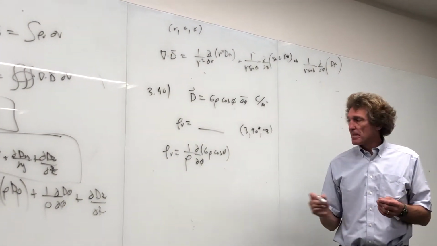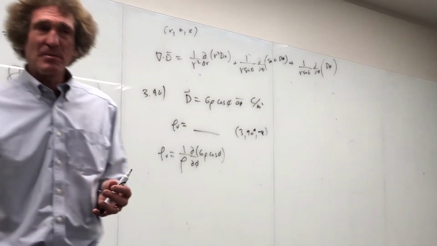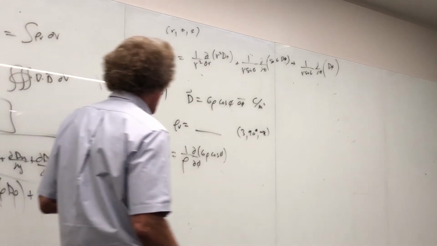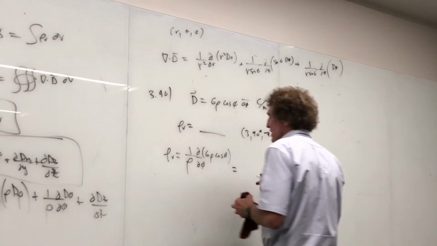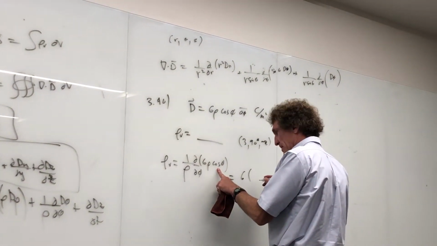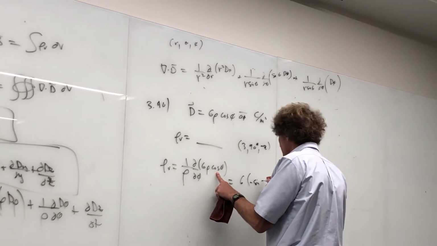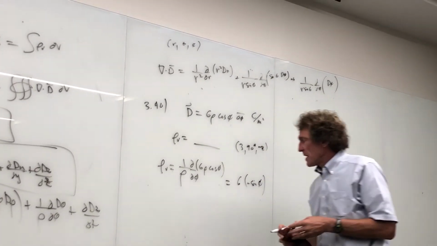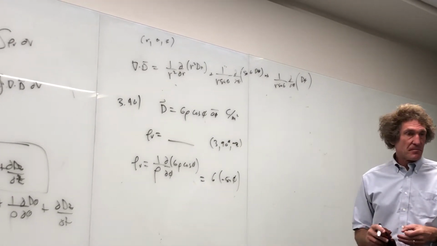I'm applying it. Now, just by looking at this, what happens to the rhos? The rhos cancel right away. So I'm left with 6 times the derivative of cosine, which is a negative sign, minus sine of phi. That means rho v is only a function of the angle phi.